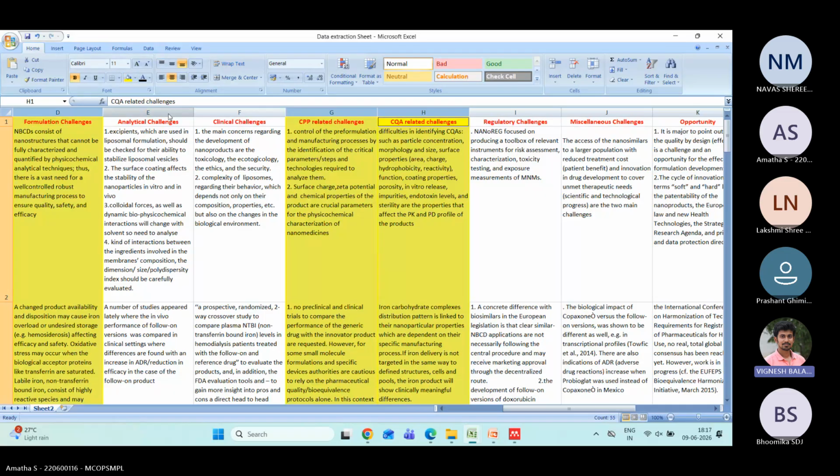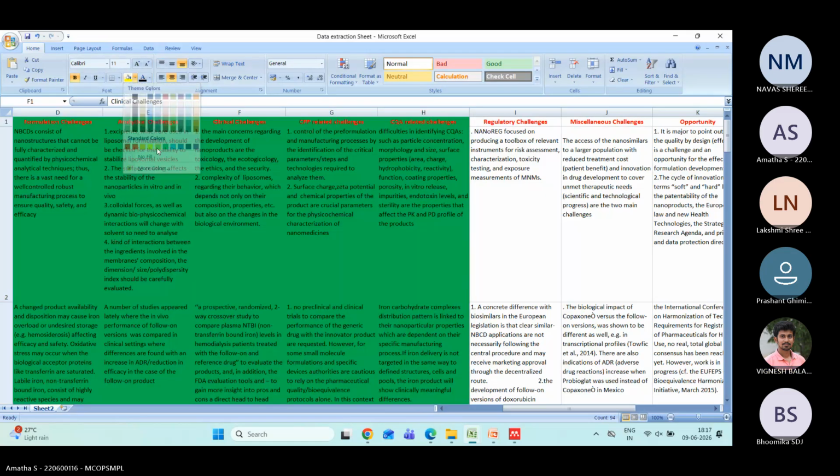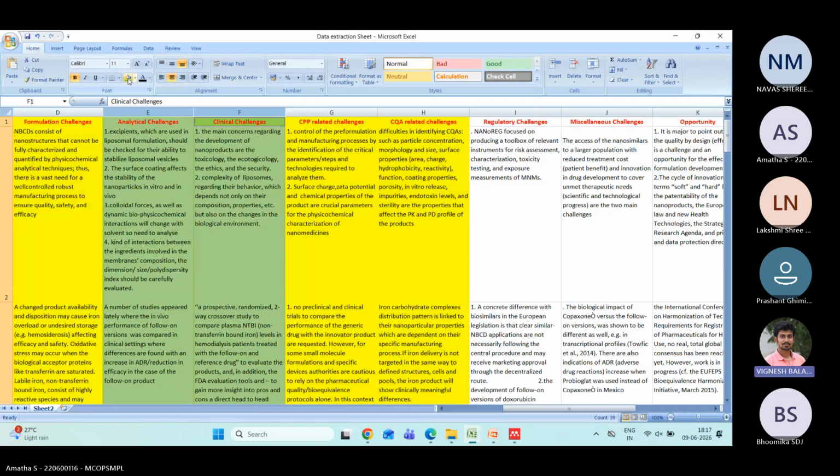Now what comes next is analytical and clinical. We are putting these two into a second set of challenges, that is bioanalytical. Third one, regulatory and miscellaneous.